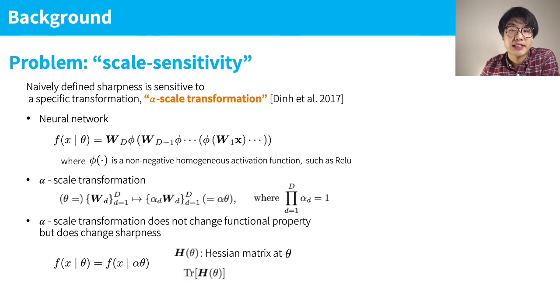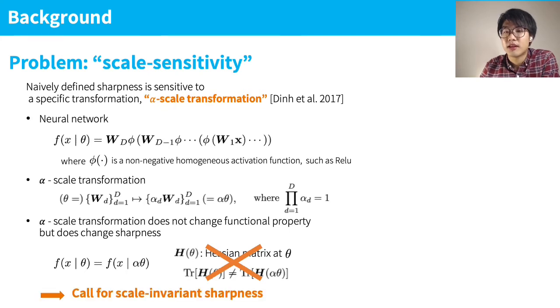Although the trace of the Hessian is one of the typical definitions of sharpness, it changes under alpha scale transformation. This implies such a naively defined sharpness does not reflect the property of models, and calls for the necessity of scale-invariant sharpness.